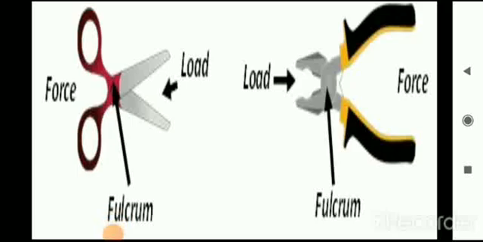And the blade part that is cutting anything is the load. The same happens with the second picture also. In both pictures you can see that the fulcrum is in between the load and effort.